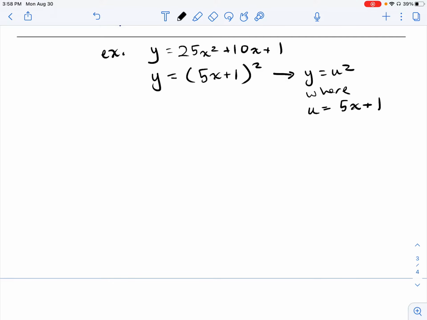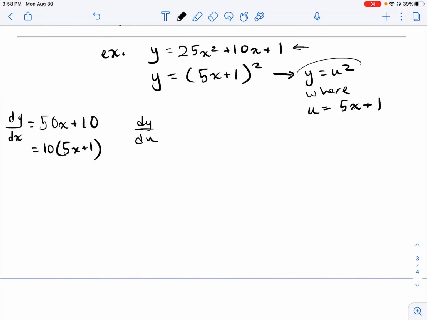Well, again, let's find the derivatives. Let's say dy dx, the derivative of y with respect to x. We're differentiating our original function with respect to x, and that would just be 50x plus 10, which is also equivalent to 10 times 5x plus 1. Now, what is dy du, the derivative of y with respect to u?